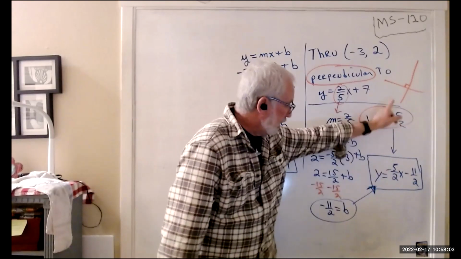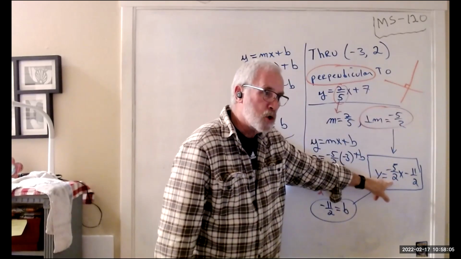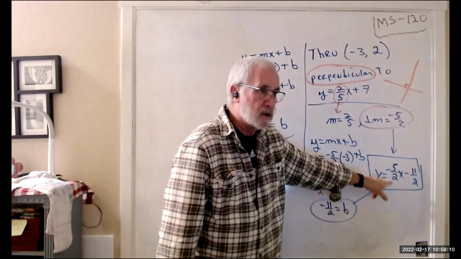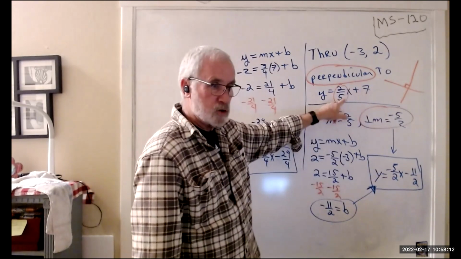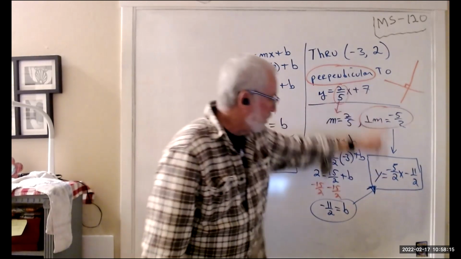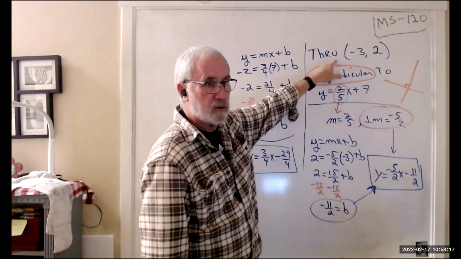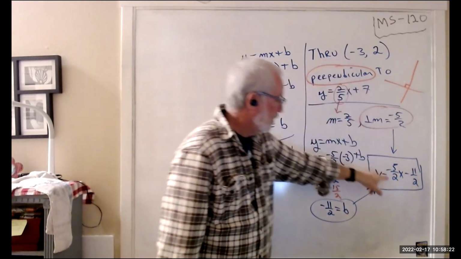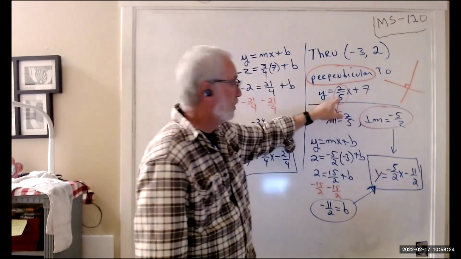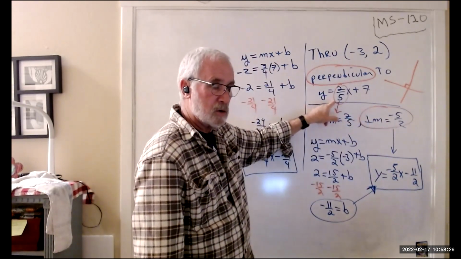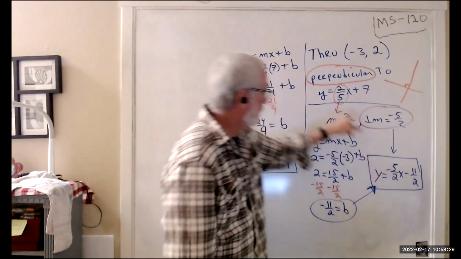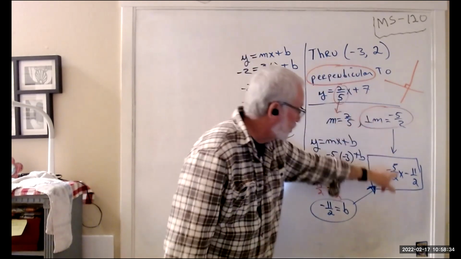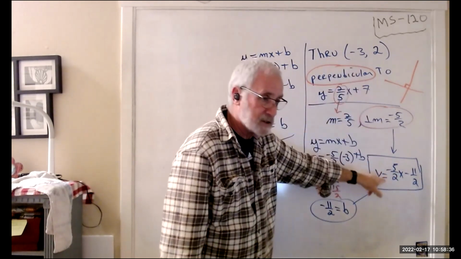Then plugging everything in, that should be your new equation. This equation is perpendicular to the original equation because their slopes are opposite reciprocals. But we had to do more work because it now needs to go through a different point, and it does, it's guaranteed to.